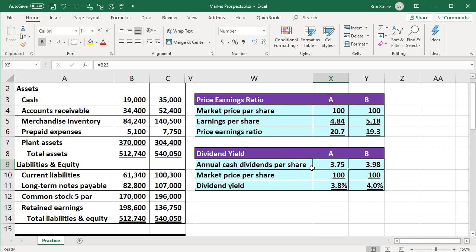So this is actually the return that was received in the prior year that was actually handed out per stock. So the 3.98 actual return is compared to, or divided by, the $100 market price. So in this case, we would want the higher dividend yield, and once again, B is looking better here, because that means we're getting a higher return on the investment in terms of the dividends as compared to the market price, what would be paid for that share of stock.